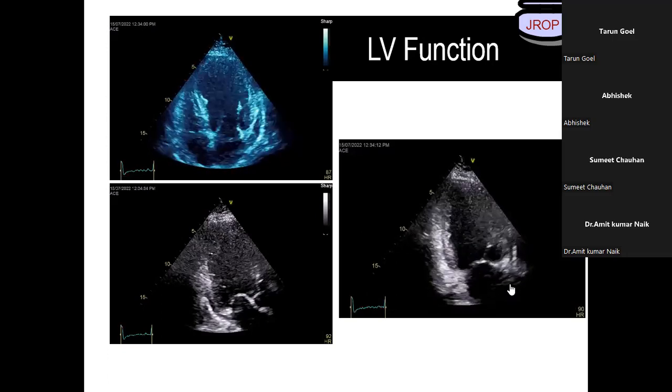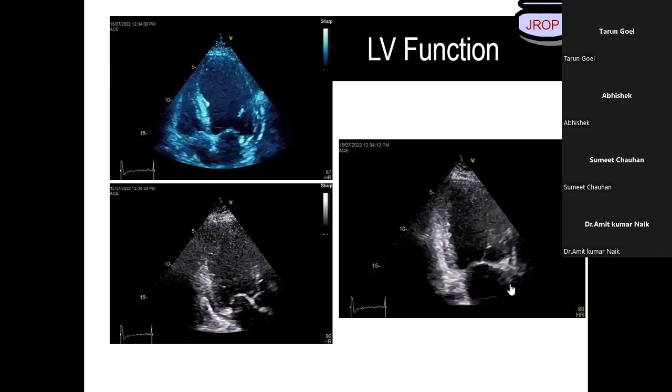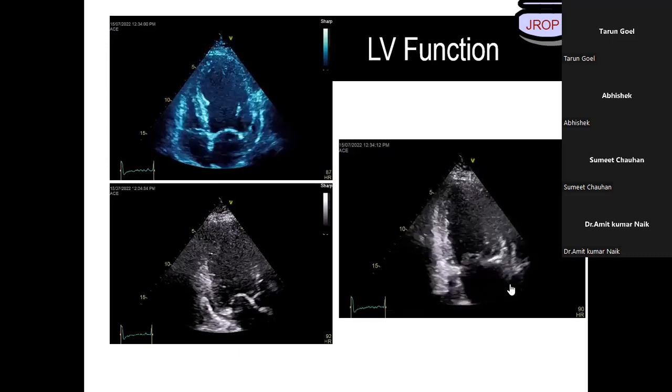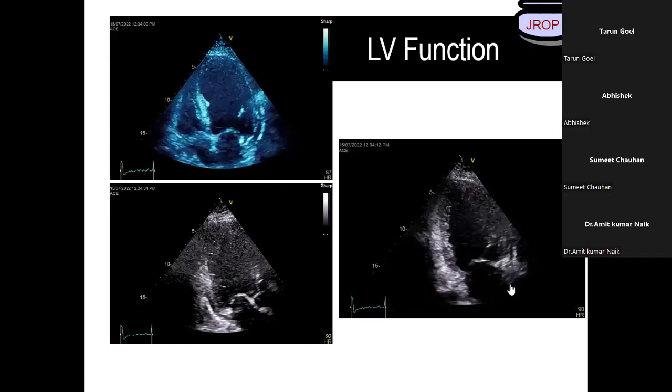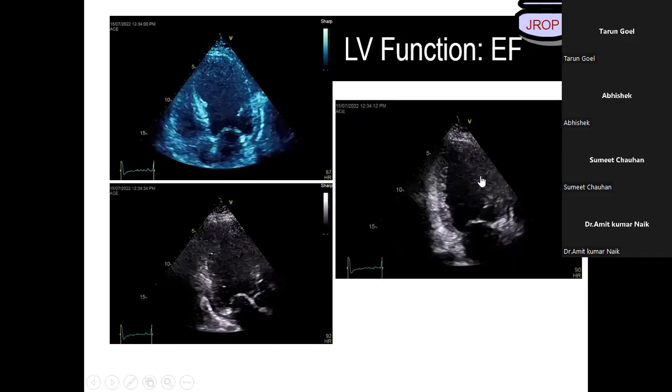The inferior wall is hypokinetic, not akinetic, sir. But even if it is hypokinetic, why? Good answer. Because when we have a type 3 LAD, it wraps around the apex and supplies the inferior wall. Yes, sir, anatomically. Okay.